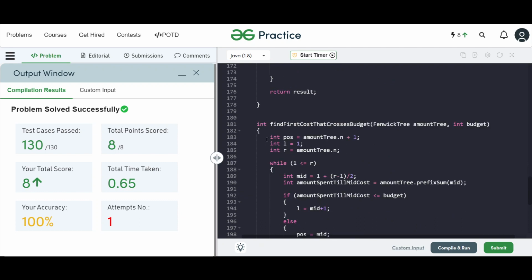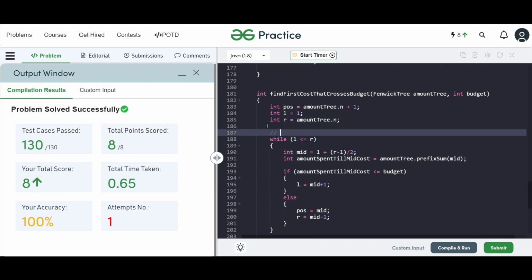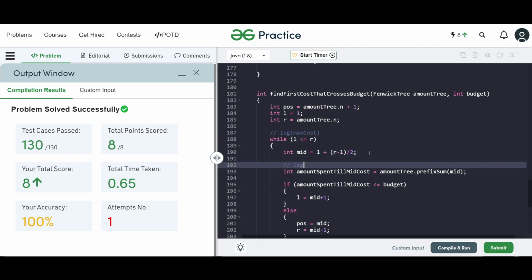And let's see the first cost that crosses the budget. Obviously this while loop will run binary search, which takes log of the size of the tree, which is the max cost. So log of max cost. And within each log of max cost step, I am doing this operation, which is again log of max cost.